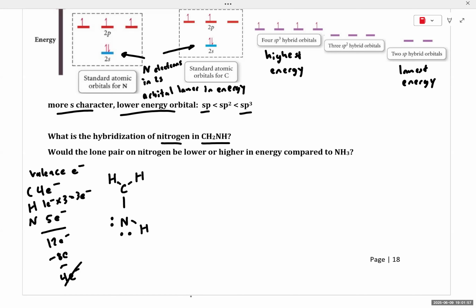We've burned through all of our electrons. Nitrogen is happy. Carbon is missing 2 electrons. So we're going to take one of our lone pairs and form a double bond. Okay, now that we have this structure prepared, let's take a look at this nitrogen atom and its hybridization. So in this case, we have 2 bonded atoms.